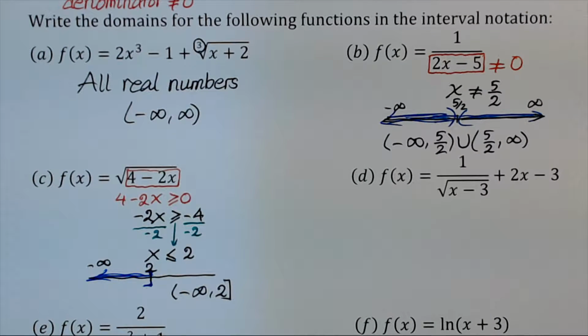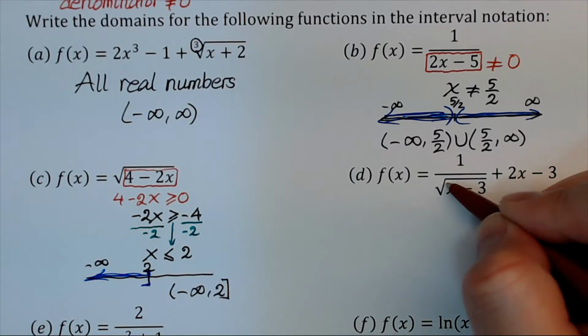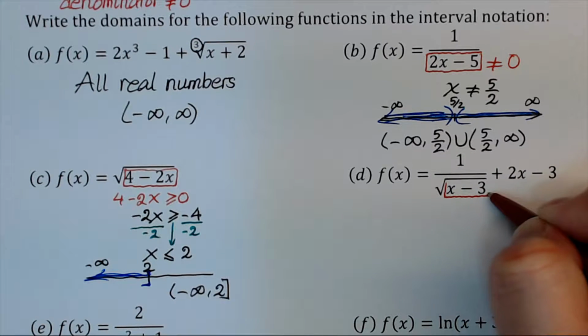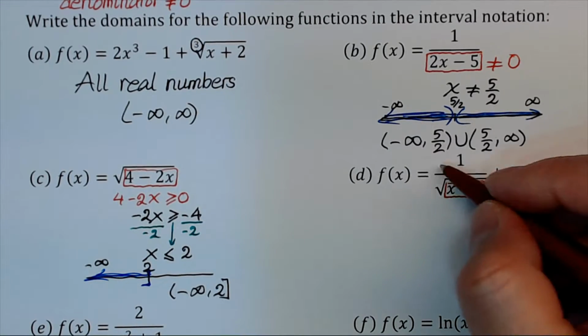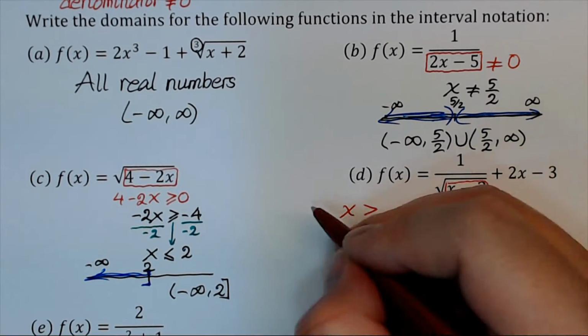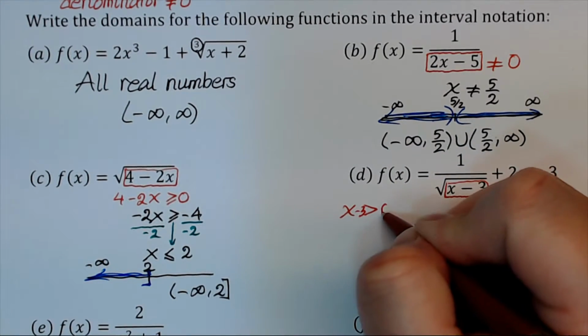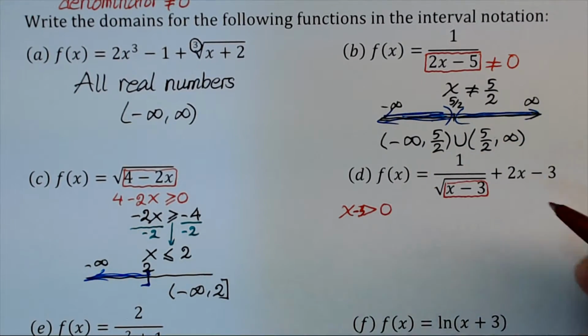Next, a little bit more difficult. First, we require the x minus 3 inside an even root, or a square root, so x minus 3 has to be greater than or equal to 0. That's the first thing.